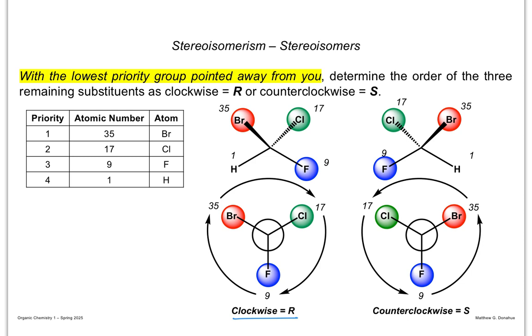Okay. So this is R, and because this is the mirror image of it, the direction of those numbers is going to go the opposite way, so counterclockwise, and that's designated as S. So clockwise is capital R, counterclockwise is capital S.